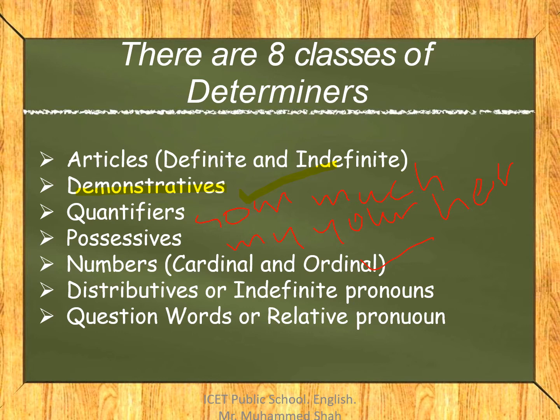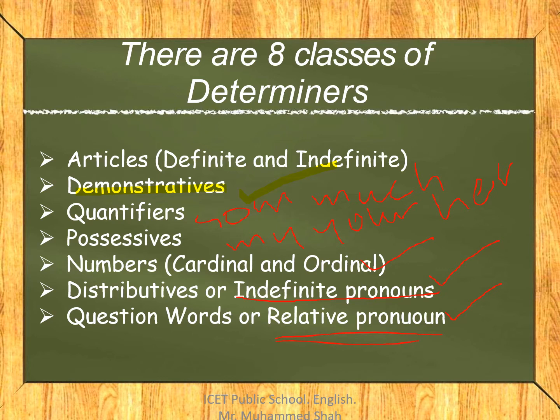Distributives or indefinite pronouns we have studied in the last class. Do you remember? Indefinite pronouns are some, anyone, everybody, like that. Such words are called distributives. Then the question words, like relative pronouns. For example, what, which, where, when.